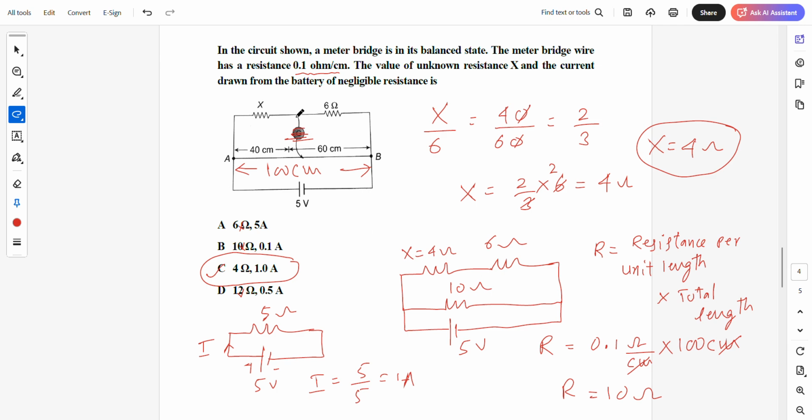For the time being we removed this one to avoid confusion, because no current is flowing in this voltmeter. Whether it is a voltmeter or an ammeter, no current is flowing here. Understood?